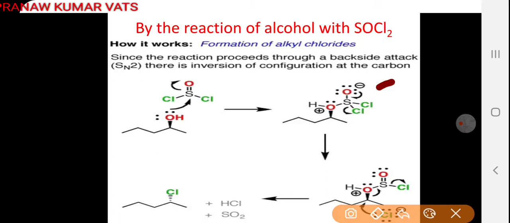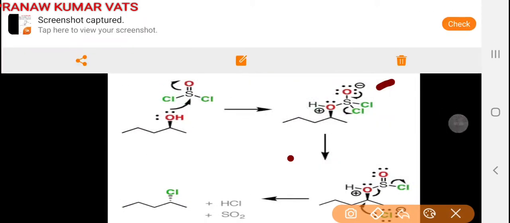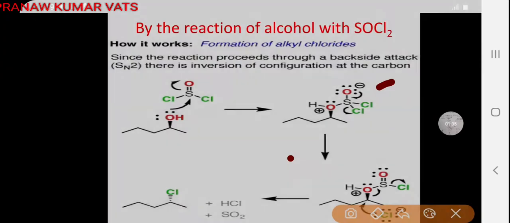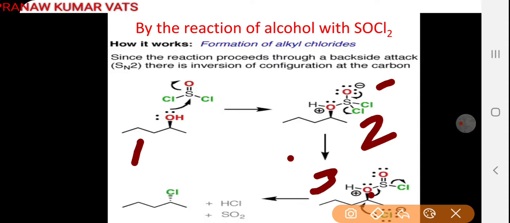When this CO bond breaks, again electrons will shift. You can see I am dividing this into the following structures: this is the first structure, second, third and fourth structure.